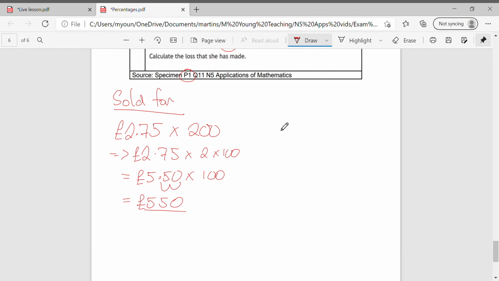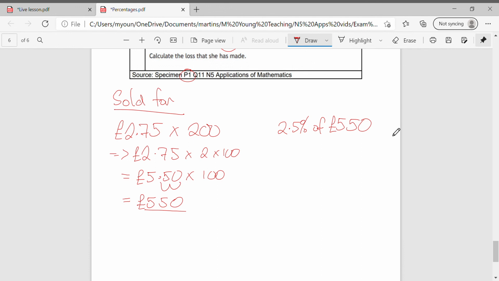And I'll do that over here. 550. Right, now, I could turn it into a decimal. Maybe try that. I could also think what percentage could I work out and then get 2.5% from that as well.